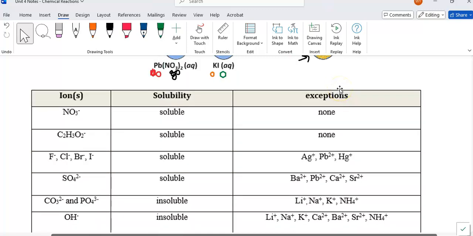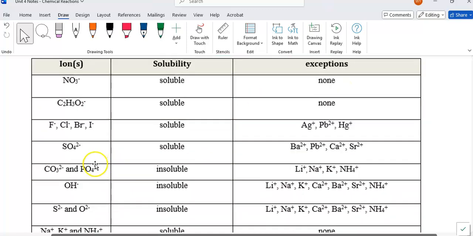So if we look at our PbI2, we can look at the rule for iodide because it's got I- ions in it. And we can see that along with the other halogens that have -1 charges, iodide is typically soluble, but there are 3 exceptions, and lead(II) is one of those exceptions. So normally iodides, along with chlorides, fluorides, and bromides, tend to dissolve well in water.